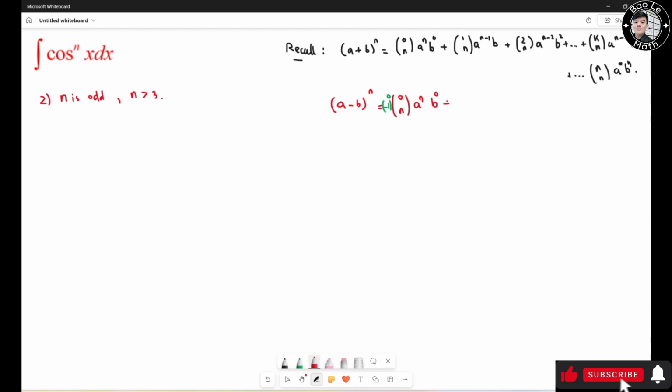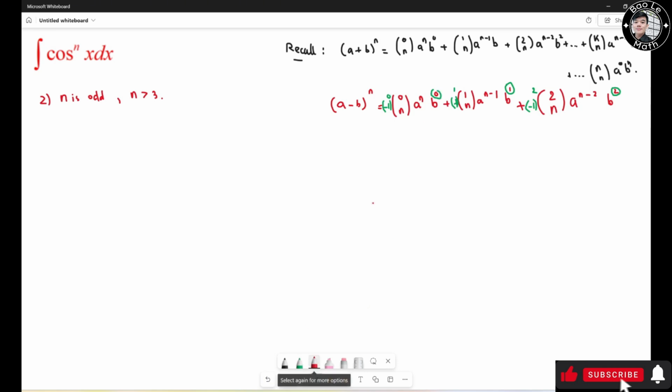Next one, the combination of n and 1, a to the n minus 1 b to the first, right? So we put negative 1 right here to the power of 1, right? Next one, we have the combination of n and 2, a to the n minus 2 b squared. Alright, so we put negative 1 right here to the power of 2 right here, okay? The power of negative 1 right here depends on the power of b right here. So keep that in mind.